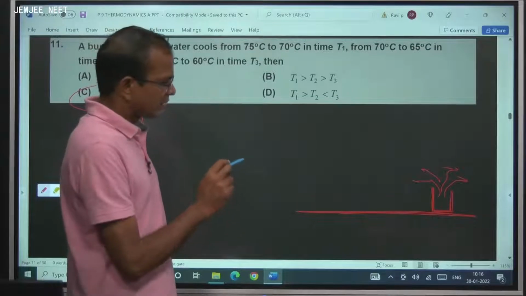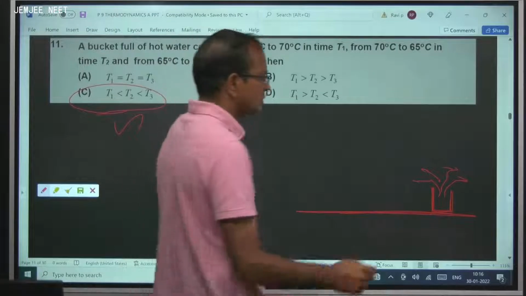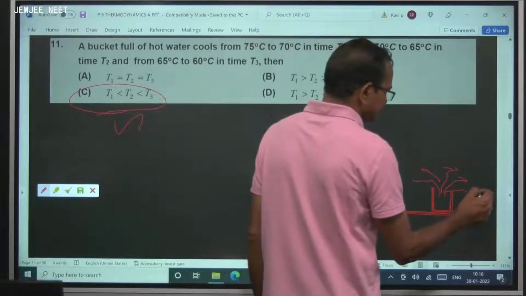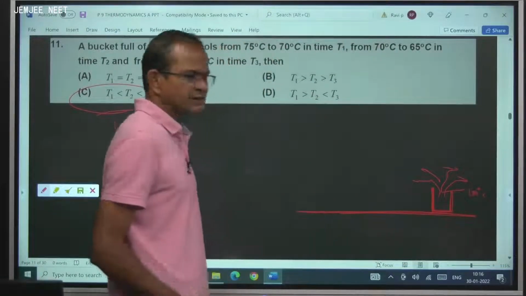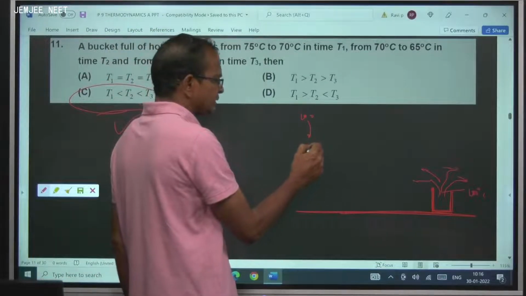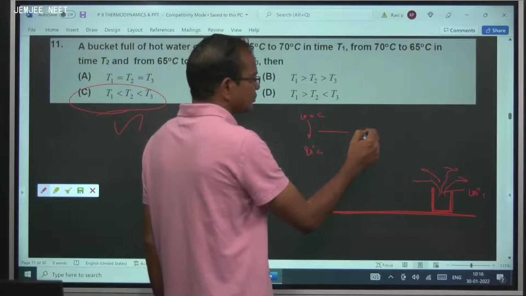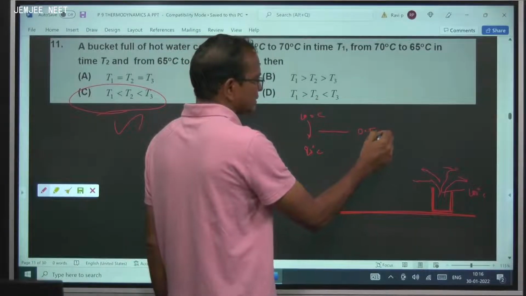Say a cup of hot coffee is there. I want to start with 100 degree Celsius. Now you have kept it on the dining table at 100 degree Celsius. It becomes 90 degree Celsius in just 0.5 minutes.